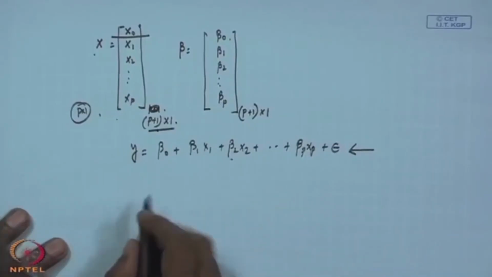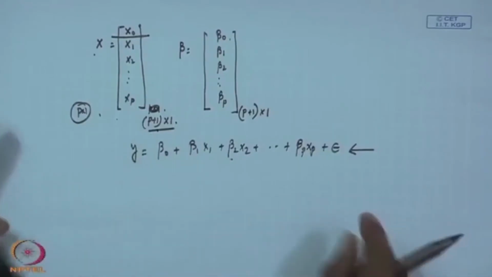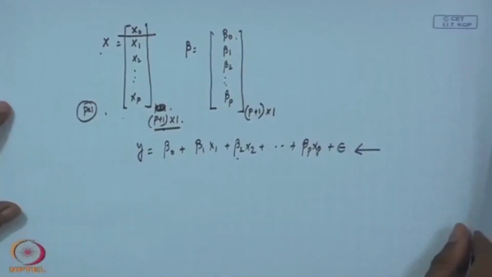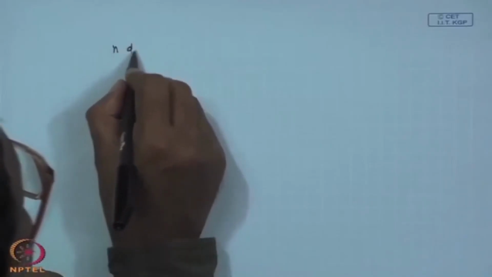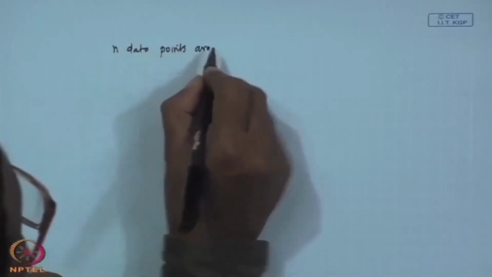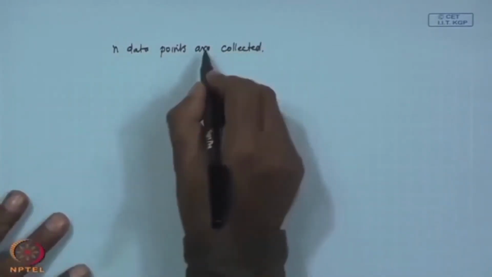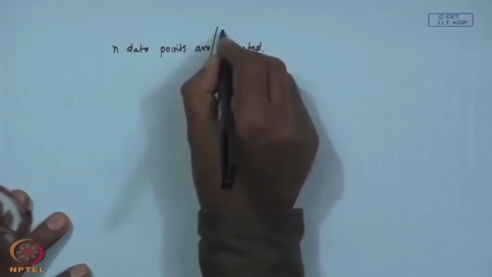Later on we will write it in terms of a matrix equation. Now, let us assume that you are collecting data. So, let n data points be collected, or to be collected.